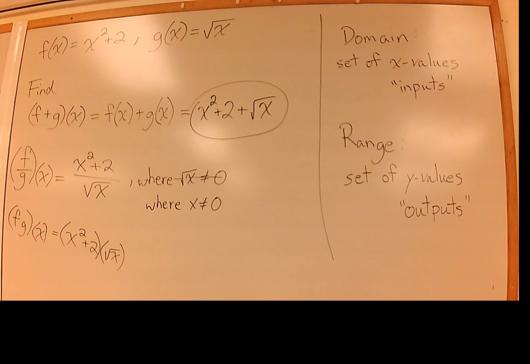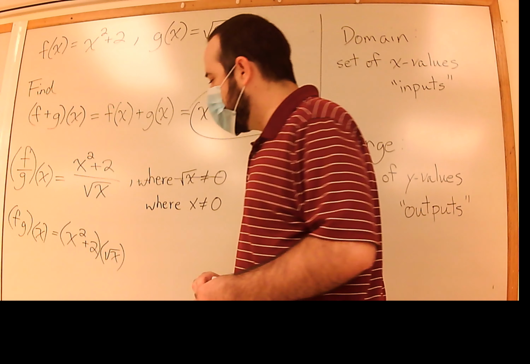But just as a review, how could we multiply that out if we wanted to? For some reason, we're just gluttons for punishment. We just really want to multiply that out. How would we do that?